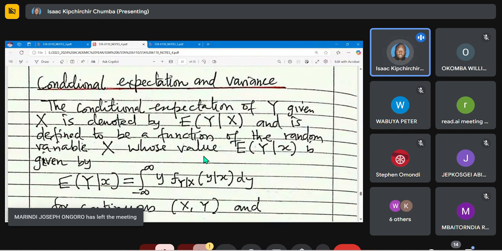Now, we have talked about conditional distributions. Associated with them should also be conditional expectations, because we have the distribution, and it has its mean and its variance. So if we have a conditional distribution, it must have its mean and variance, which we now call conditional expectation and conditional variance.